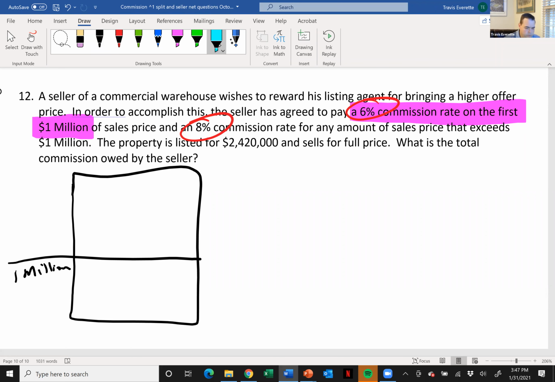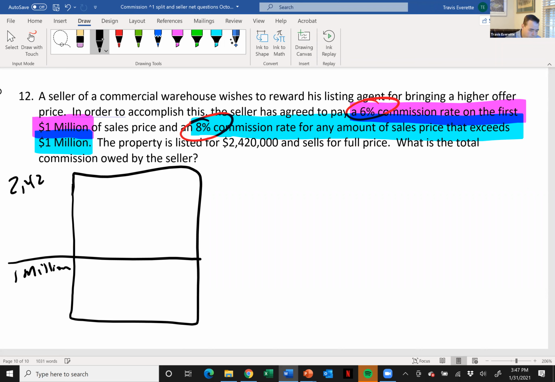And then it tells me I got 8% on any sales price that exceeds 1 million. And that goes all the way up to 2,420,000. So I know the number up here is 2,420,000. Now I need to fill in those numbers here.